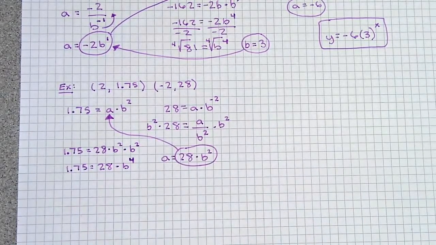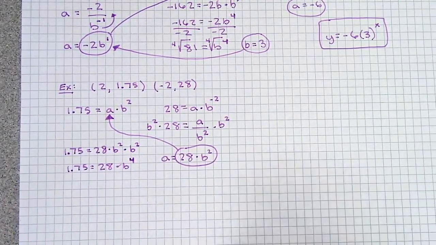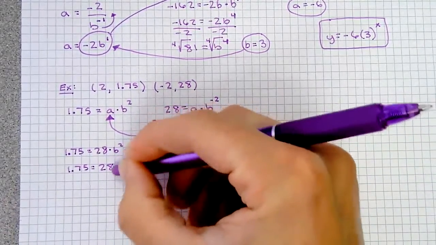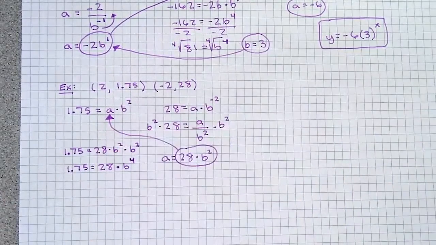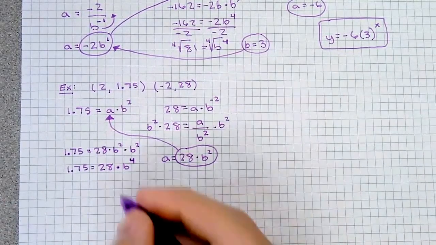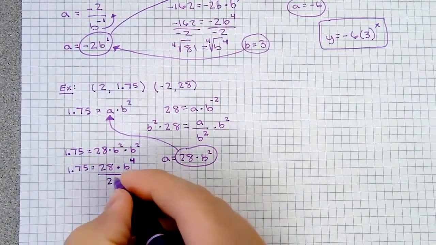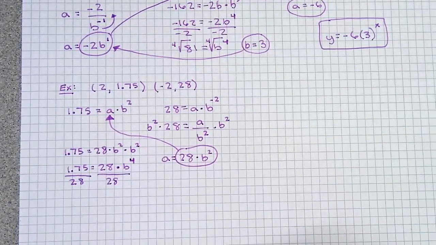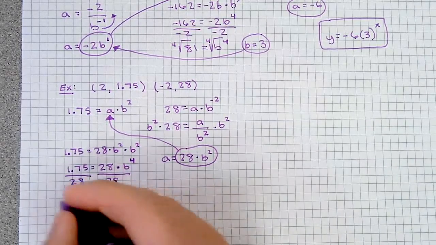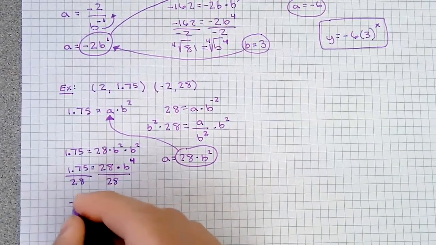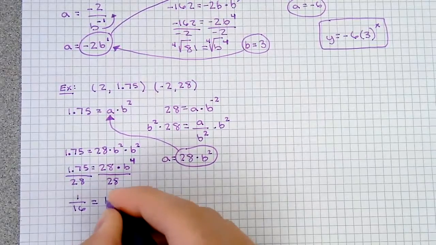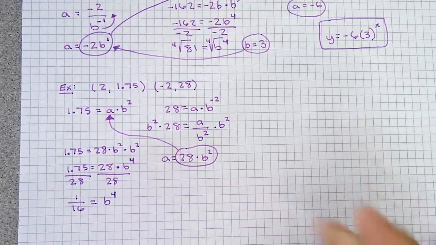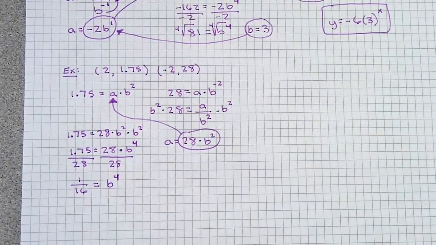Simplify our exponents. B squared times b squared gives us b to the fourth. Divide both sides by 28. 1.75 divided by 28 equals 1/16.